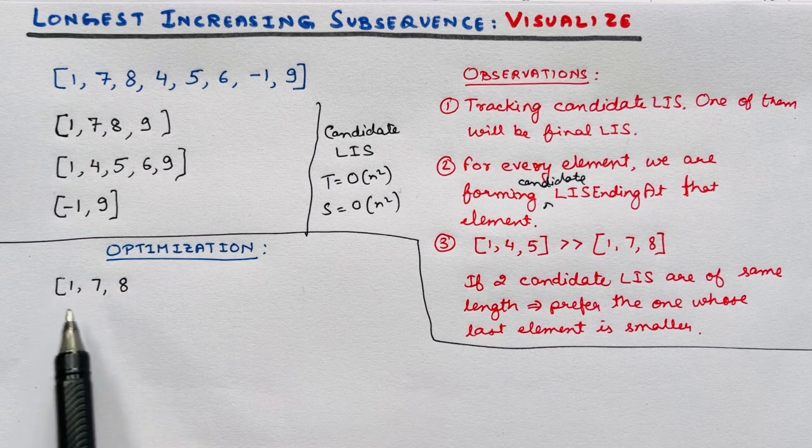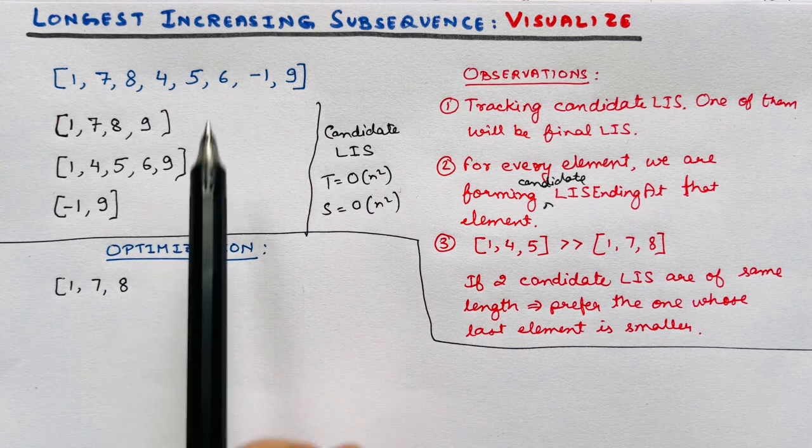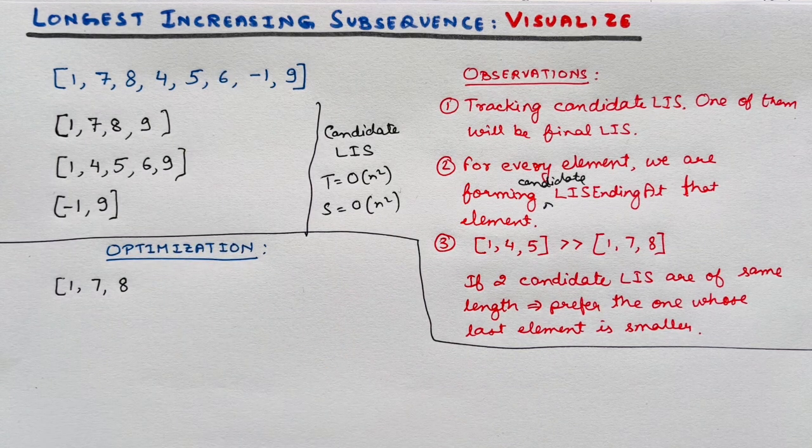And the length of this overall array denotes the length of the LIS that we are looking for. In a way, the position of the element is also denoting the length of the LIS ending at that element. For example, 8 here is at third position, so this third position is also denoting that the length of the LIS ending at 8 is 3.